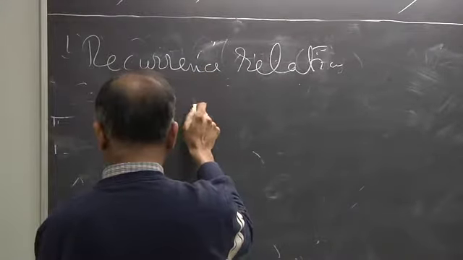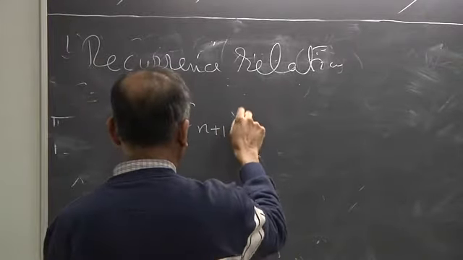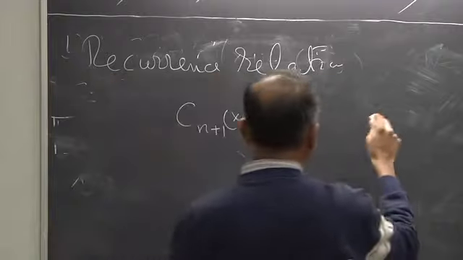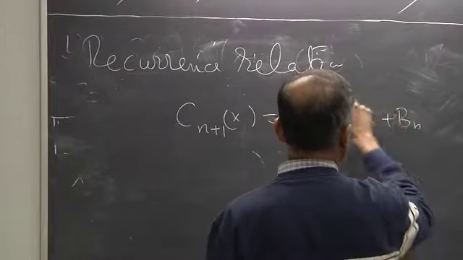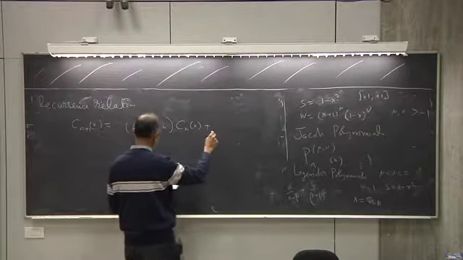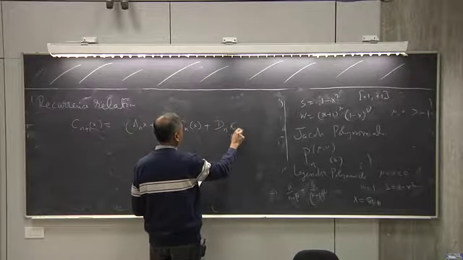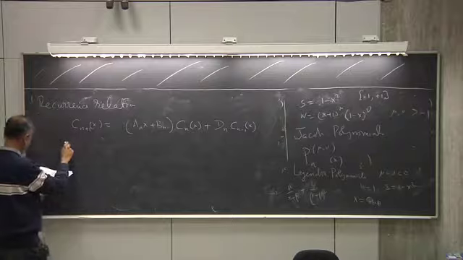In particular, the claim is that there will always be a relation of the following type: Cn plus 1 of x is equal to (an x plus bn) times Cn of x plus dn times Cn minus 1 of x, where an, bn, and dn are constants.